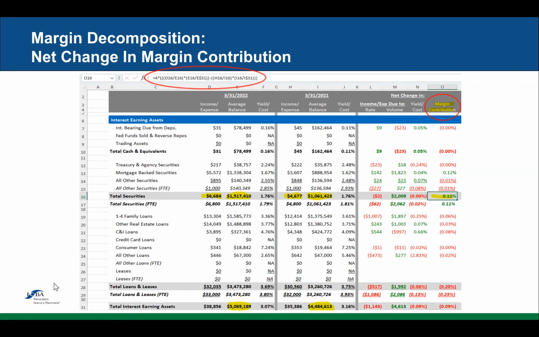Well, because of a significant growth in the securities portfolio, right? Offsetting that. They had a decrease in yield on loans, but they did not have any decrease in yield on securities. So relatively speaking, securities was a bright spot in your yield composition, or your yield and margin change over time, despite the overall negative 9 basis points.